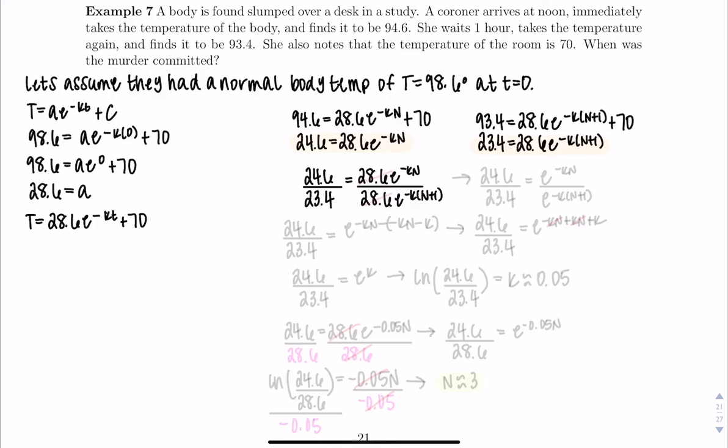On the right hand side, the 28.6 ends up canceling. So we end up having 24.6 over 23.4 equals e to the negative kn over e to the negative k times n plus 1.